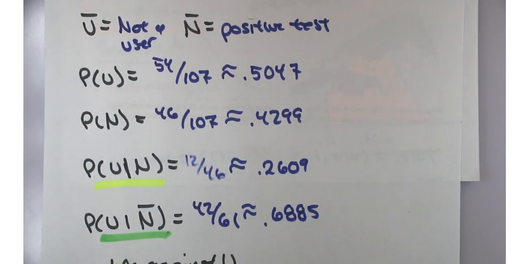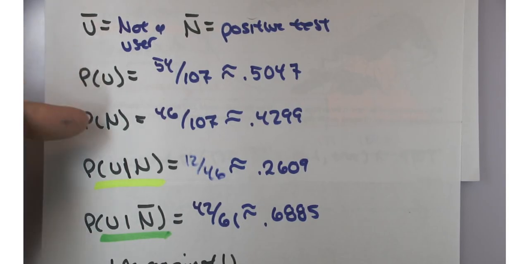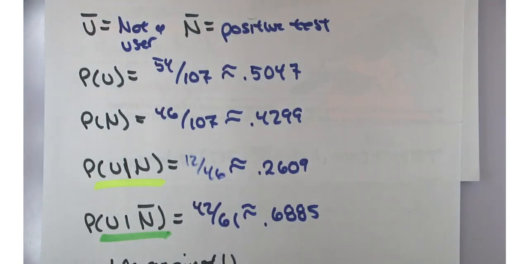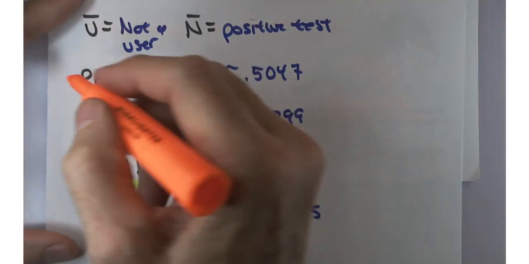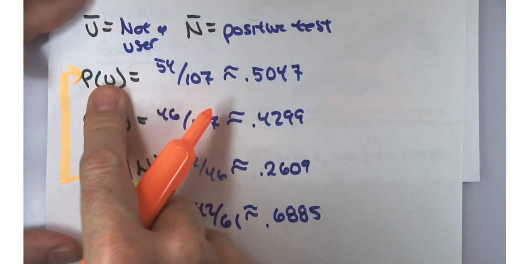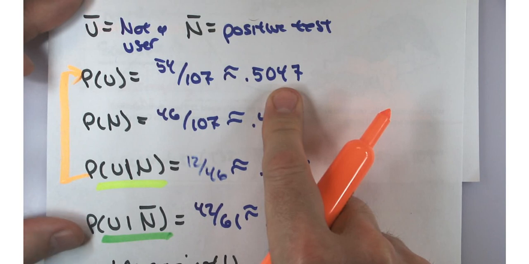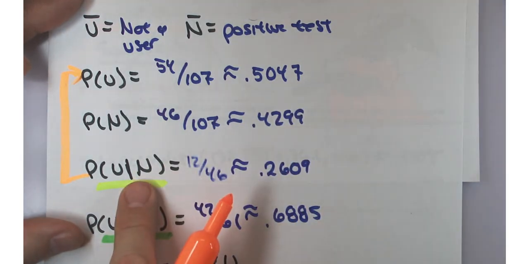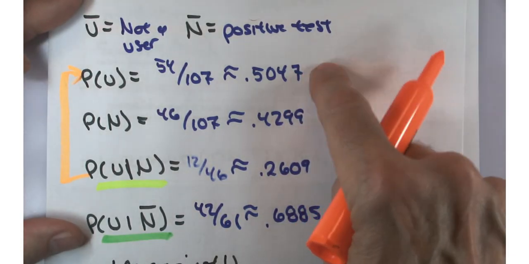So the question is, are these two events independent or are they dependent? Is there some relationship between using and testing negative? Well, let's take a look at these two probabilities in particular. Probability of being a user, just over 50%. But if I then tell you, oh, well, they tested negative, does that change or affect this probability?